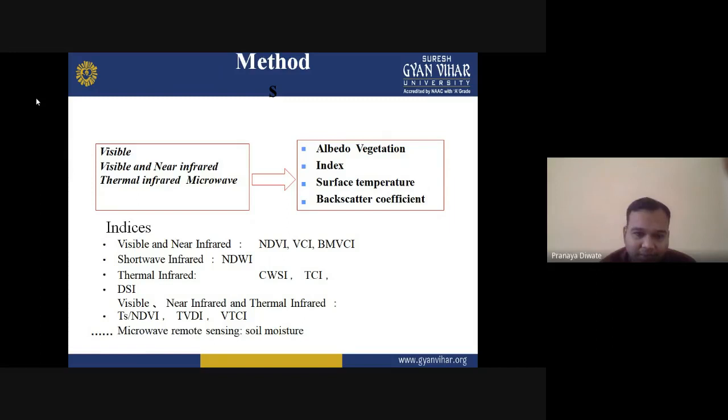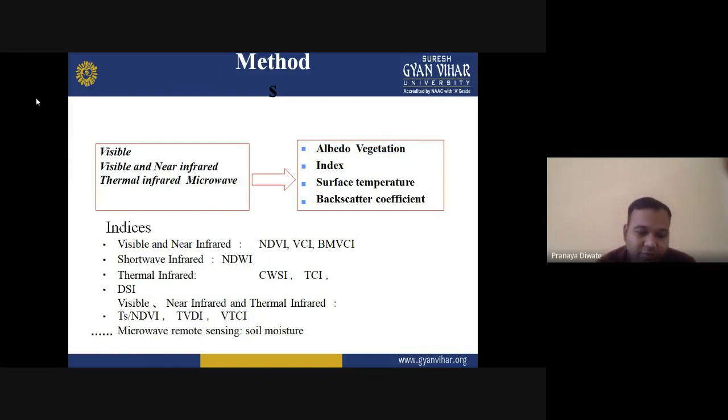Remote sensing uses different spectrums, from visible to near infrared and thermal infrared. These indices can be measured through different bands, so on the basis of this, you can calculate NDVI, VCI, PMVCI.